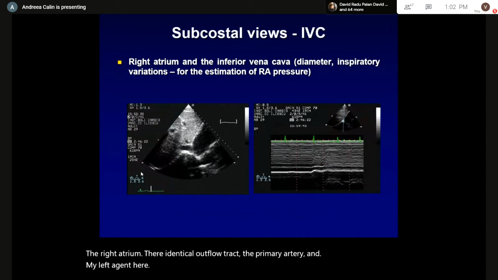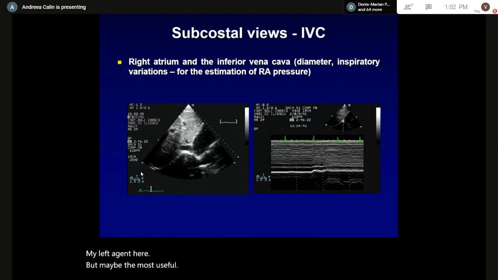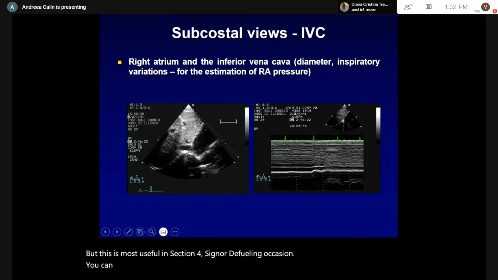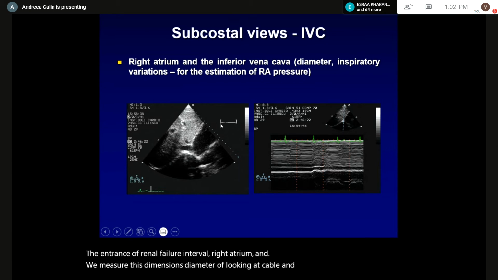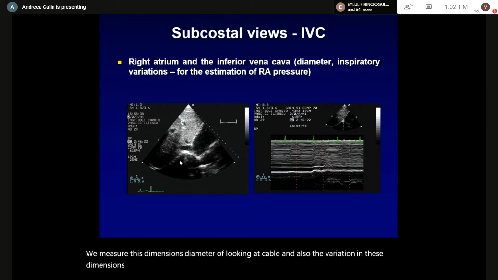But this is the most useful section for seeing the inferior vena cava. You can see the entrance of the inferior vena cava into the right atrium, and we measure the diameter of the vena cava, and also the variation in these dimensions with the inspiratory maneuvers.